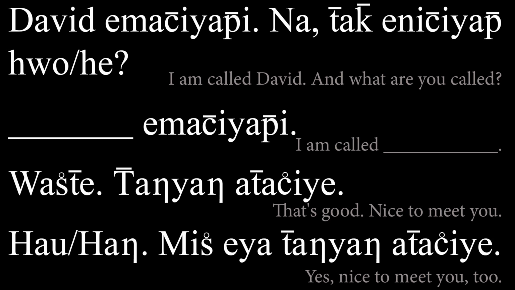Now for the men who want to keep this in the informal way, and all women, repeat after me, please. Huh. Mij dayan atachie. One more time. Huh. Mij dayan atachie.